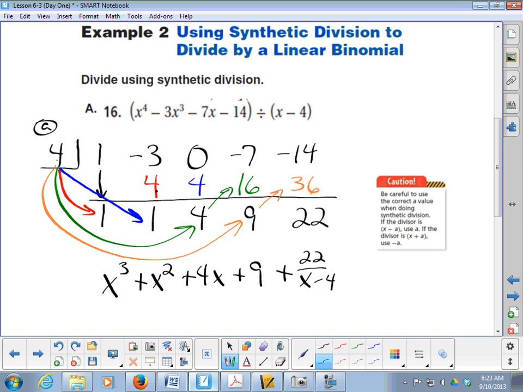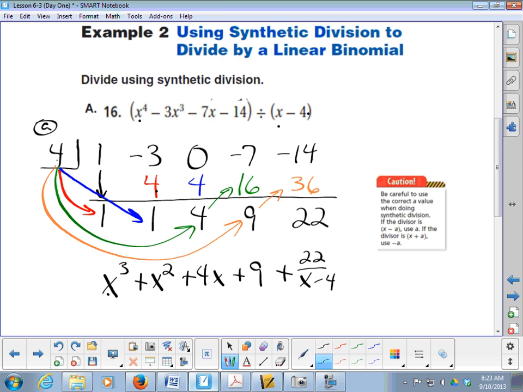Now, here's the other part. I know that the first one represents x cubed because I'm taking x to the 4th and dividing by x. So the first term I've got to have is x cubed. Because remember, if we checked our answer, we would take this and multiply it by x minus 4, right?